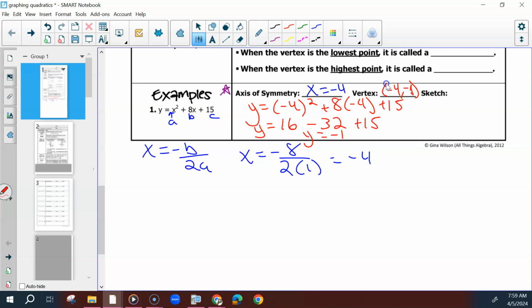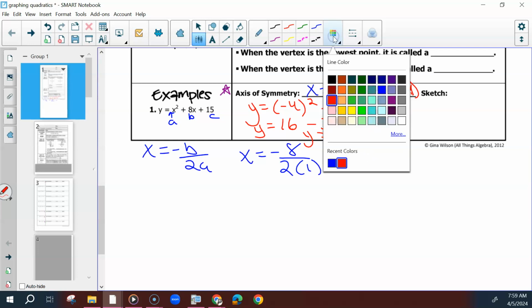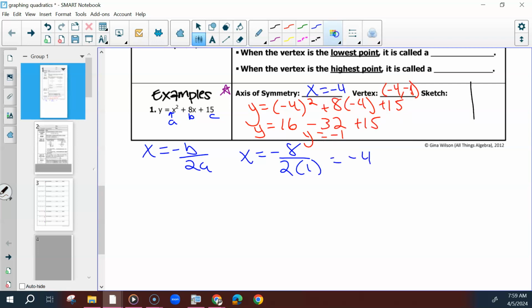Right, then we're going to draw a rough sketch. So draw in axes, x and y axes. Draw a rough sketch of where the vertex would be. And draw your axis of symmetry, that dashed line through it.